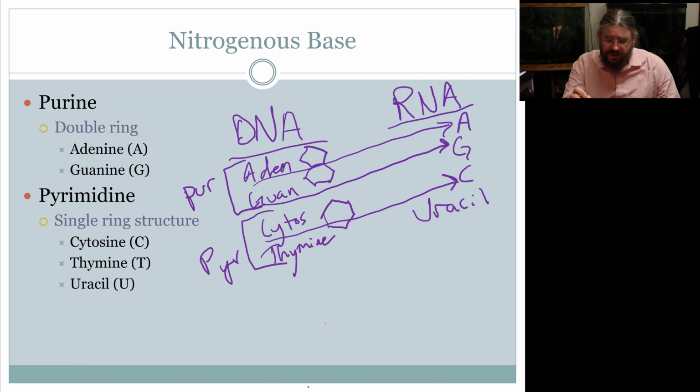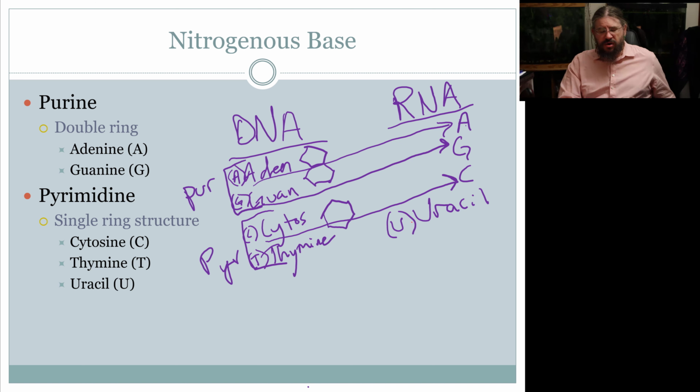We're going to run with these as our abbreviations for our nitrogenous bases: AGCT and AGCU. If you see U or uracil, you know you're talking about RNA.